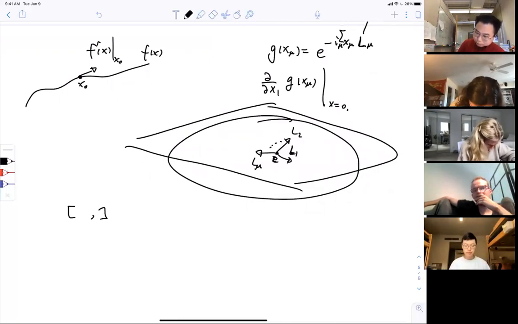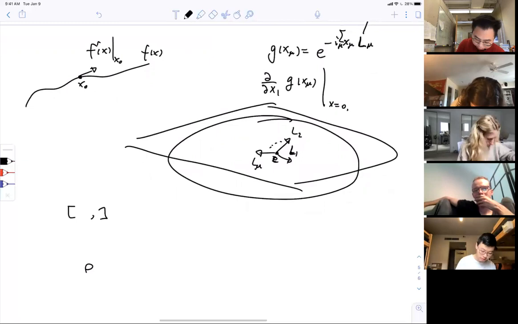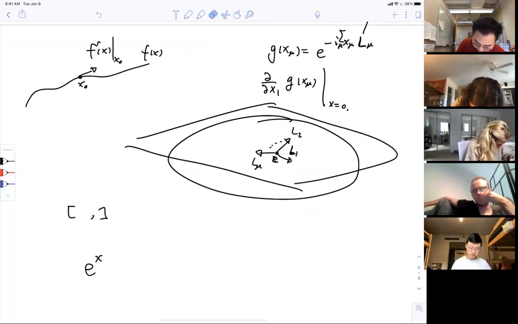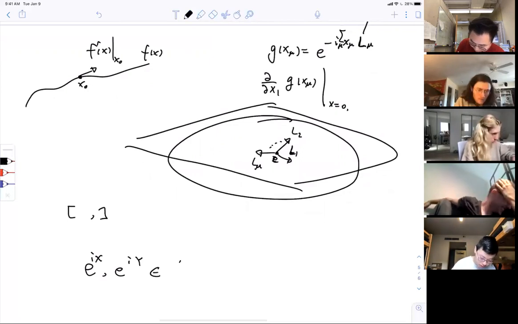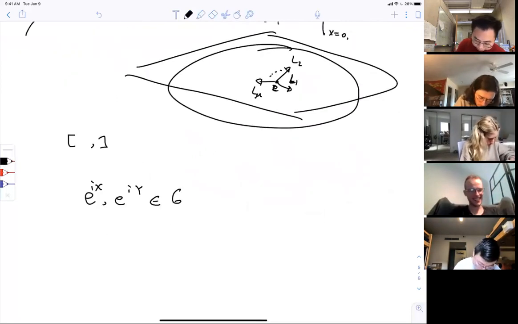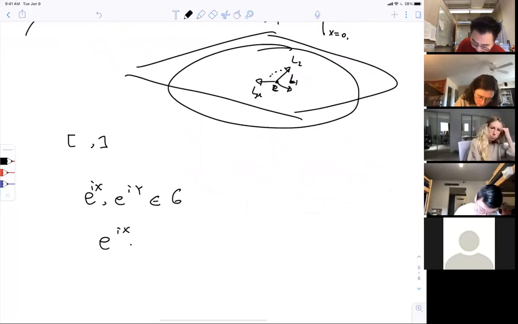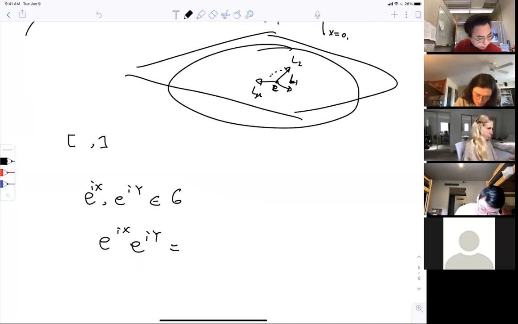If we have a group structure, we can talk about multiplication. Imagine these are elements in the group, then we can calculate the product of those two elements, and using the Baker-Hausdorff formula, you can write it down.